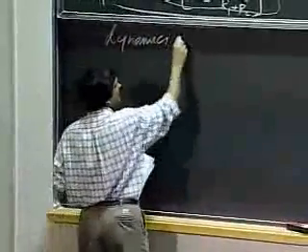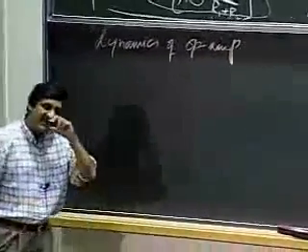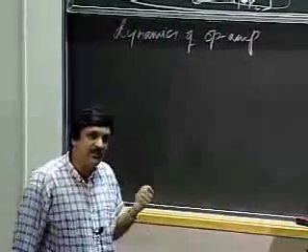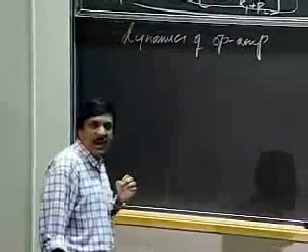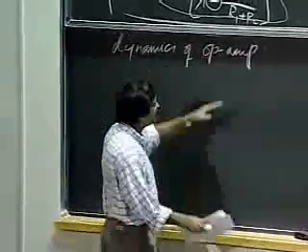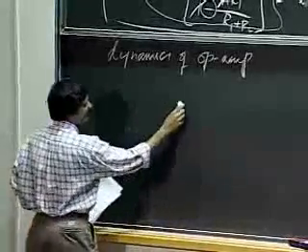So if you want to study the dynamics of an op-amp, by dynamics I mean how an op-amp moves as I perturb the input or the output and so on. Okay, so to capture the dynamics of the op-amp, we build a slightly more involved circuit.